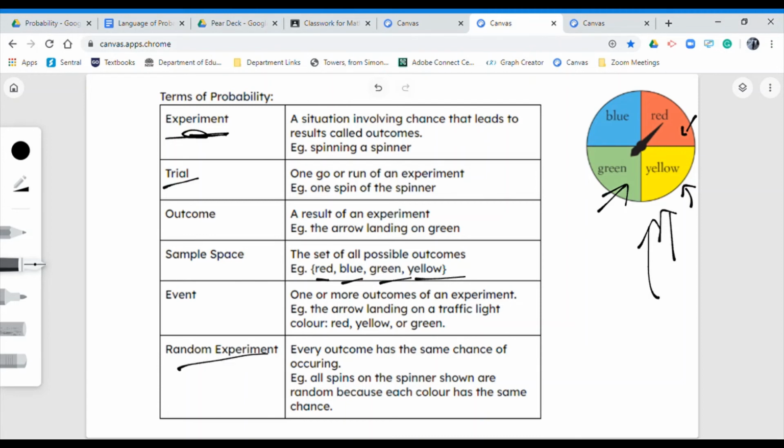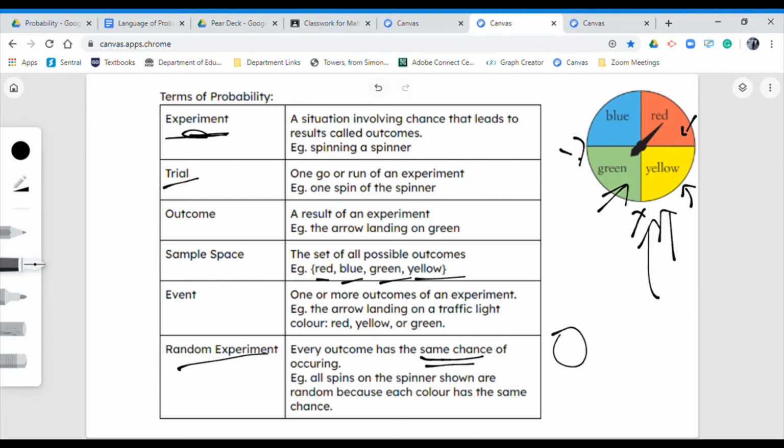Finally, a random experiment is an experiment in which every outcome has the same chance of occurring. So in this situation, because each of our sectors above here are the exact same size, this would be an example of a random experiment because they all have an equal chance.